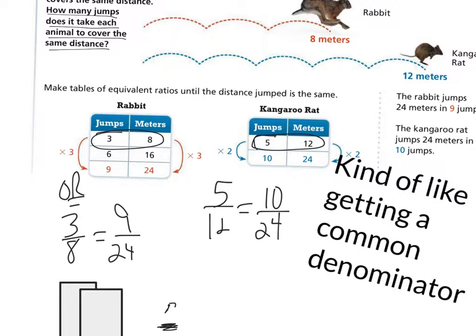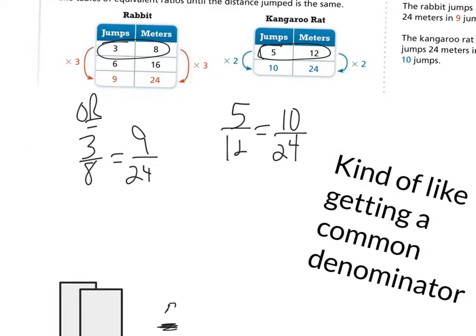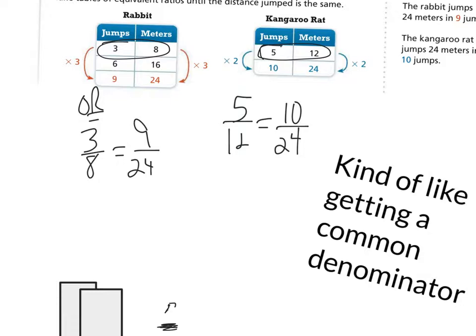And then basically it's just a matter of, what do we have to do to get from 8 to 24? It would be multiplying by 3, so we'll do the same to the numerator. So 24 meters, the rabbit got that distance in 9 jumps. For the kangaroo rat, 12 to 24 would be multiplying by 2.